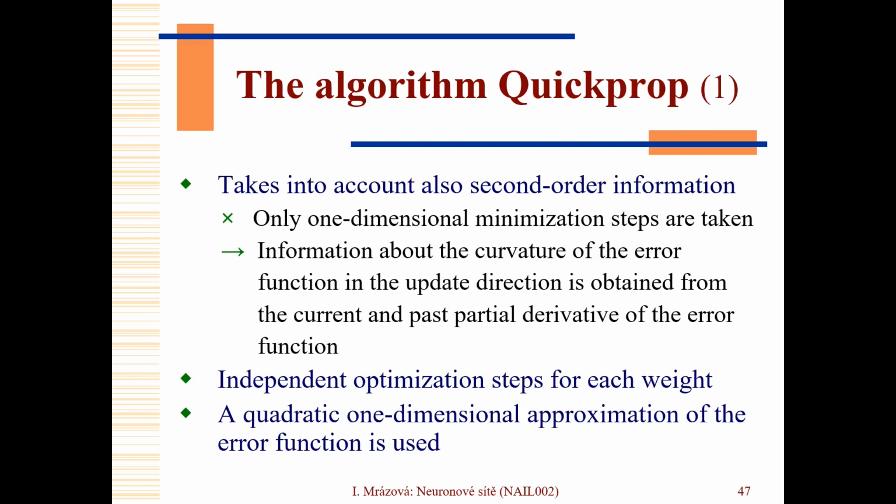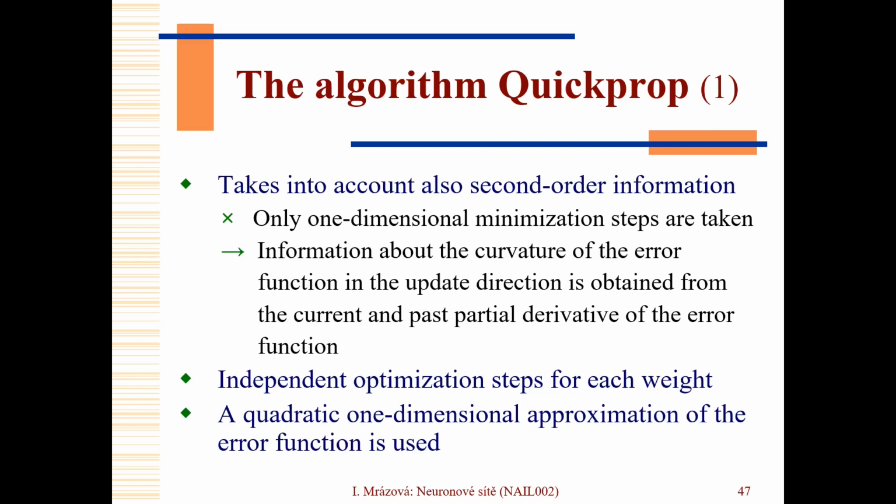And furthermore, the information about the curvature of the error function is obtained not by computing the second order derivatives, but by approximating these second order derivatives by means of the difference of first order derivatives.